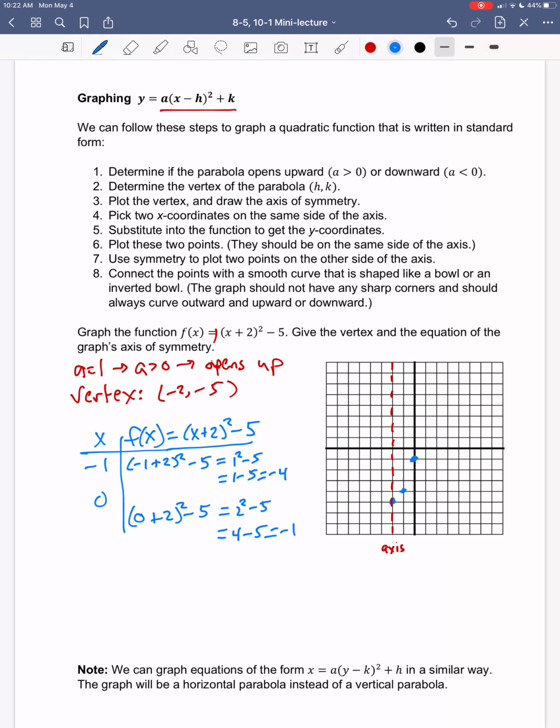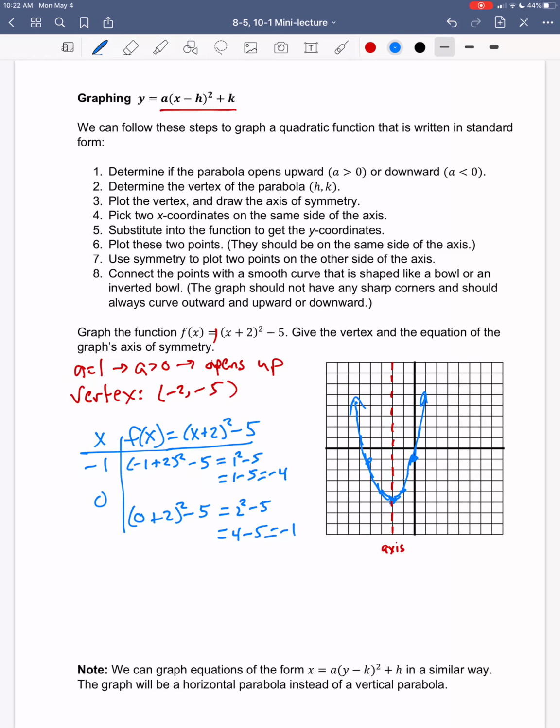There must also be points that correspond to those on the left side. So I start at the axis and I go 1 to the left, and then I start at the axis and I go 2 to the left. And there's my familiar parabola shape. I just connect those points, make it curved at the bottom, make sure it keeps moving outward and upward, and there would be the parabola.